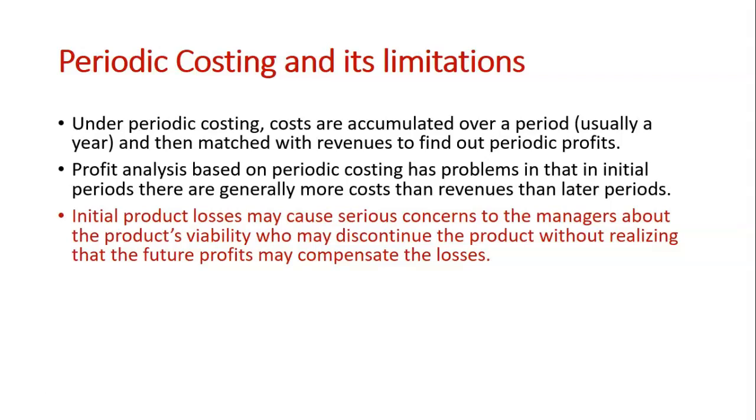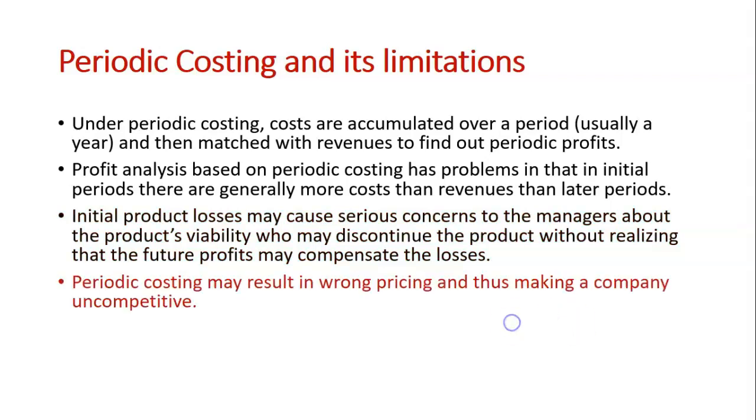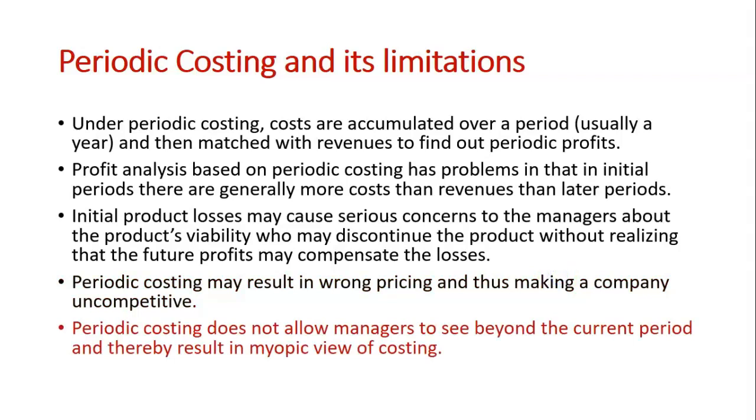So what's the problem? The problem is that, because of the periodic nature of the concept, we are not looking into the future effectively. Periodic costing then results in wrong pricing and makes a company uncompetitive, because it does not allow managers to see beyond the current period, and the result is a myopic view of costing.